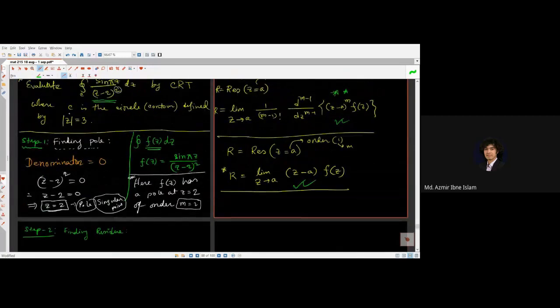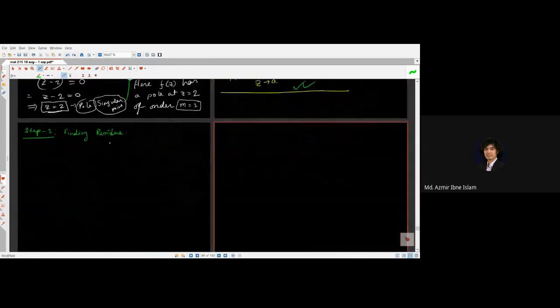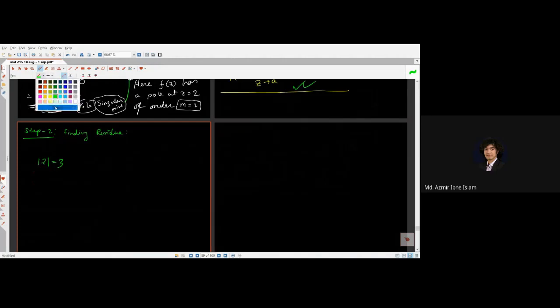So the region, that is the contour C, is defined by modulus of z equal to 3. I hope you already understand that modulus of z equal to 3 is obviously a circle, but let me write clearly here. This goes with the chapter 1 concept. Where we have z, we are just replacing z by x plus yi. So now we have a real part and an imaginary part. Just to remove the absolute value, we can use this way: square root of x squared plus y squared equal to 3.